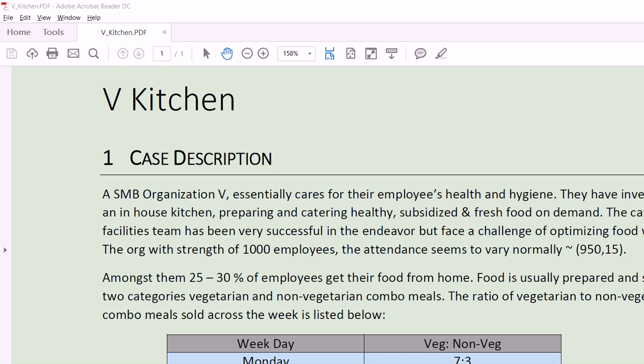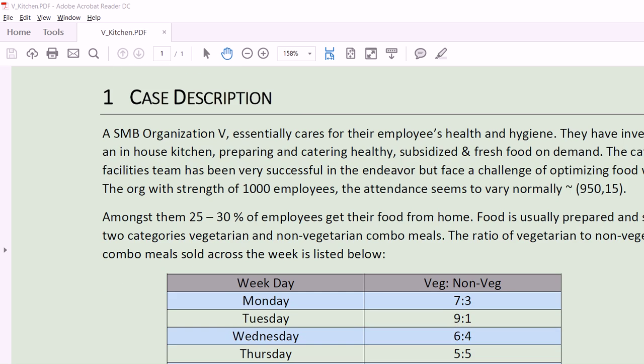So for the case, the org strength is, suppose, 1,000 employees and the attendance varies normally. It's under a normal distribution of 950 mean and 50 standard deviation. So amongst the employees who come to work on each day of the week, 25 to 35% get their food from home, which means that they are married and have a regular normal life.